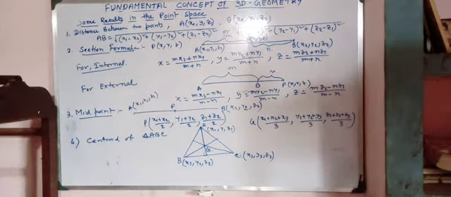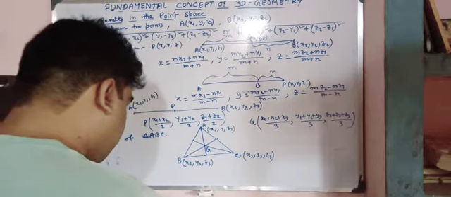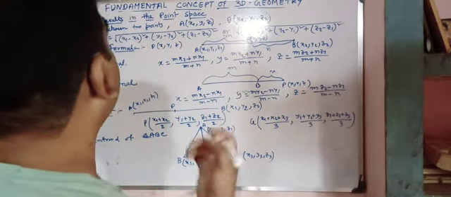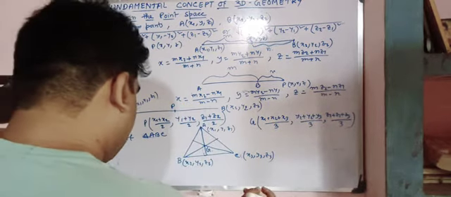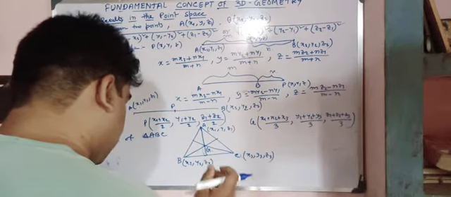So these are the concepts. Next we have to move to some results. That was some results from point space, and now we have to move to some results on line in space.